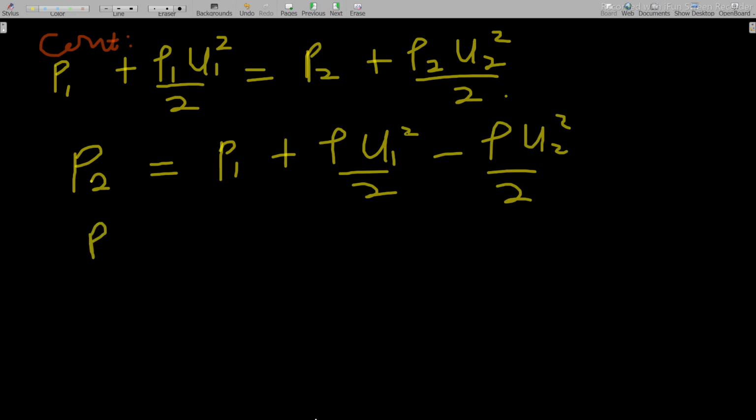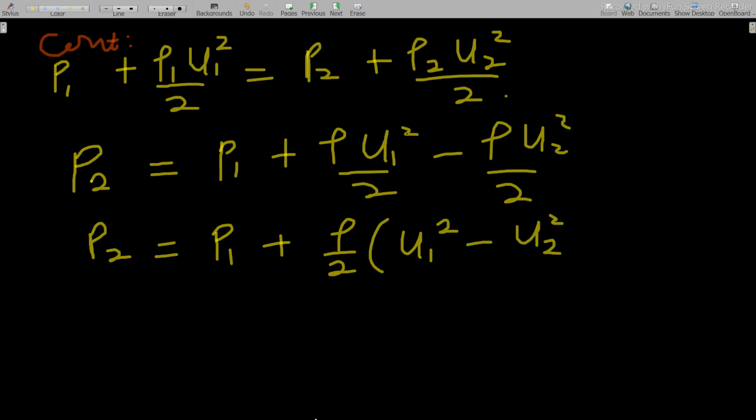So P2 is equal to P1 plus ρ over 2 out, u1 squared minus u2 squared. This is very simple for us.